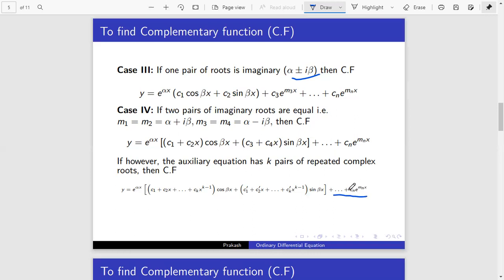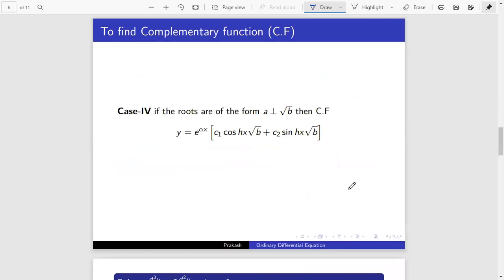Another case: if roots are of the form a plus or minus root b, then the complementary function is y equal to e power alpha x (c1 cos hx root b plus c2 sin hx root b).